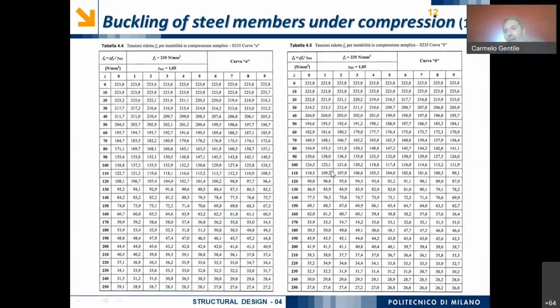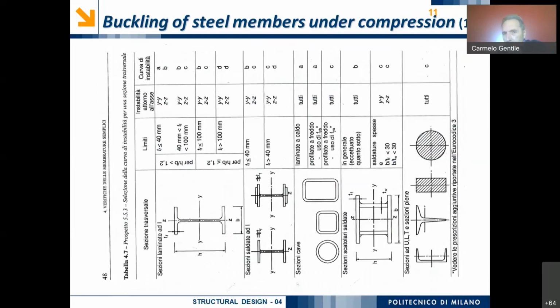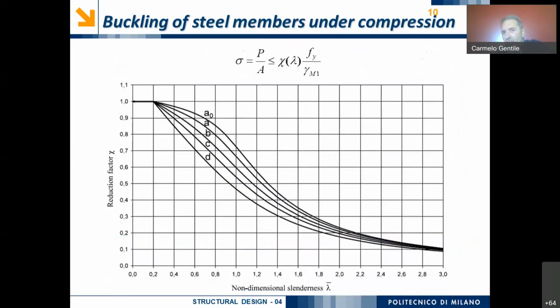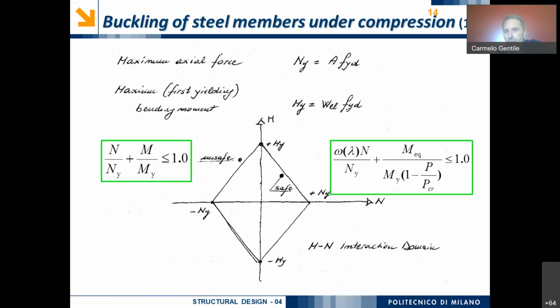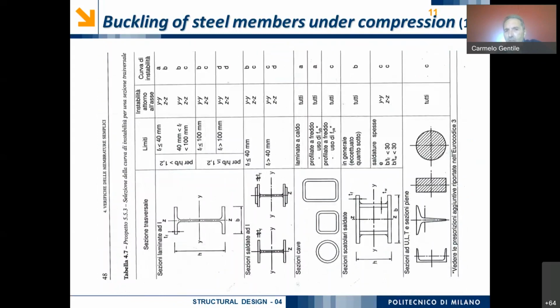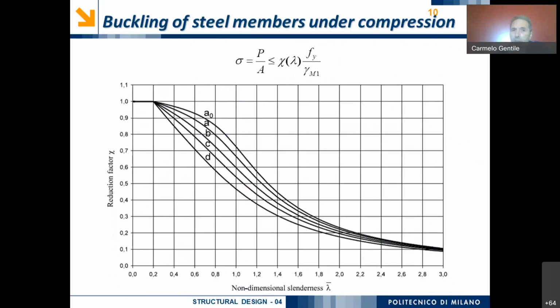Of course, we can very easily obtain this kind of curves. Of course, the opposite of chi is generally called, in the international literature, omega, and omega is a function of lambda.